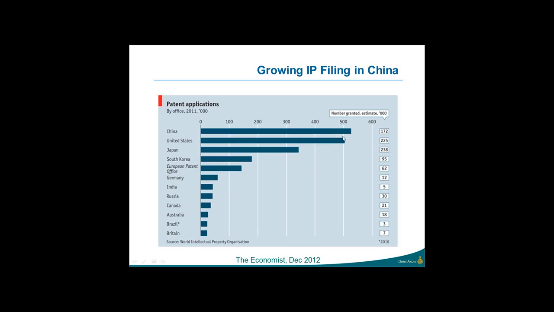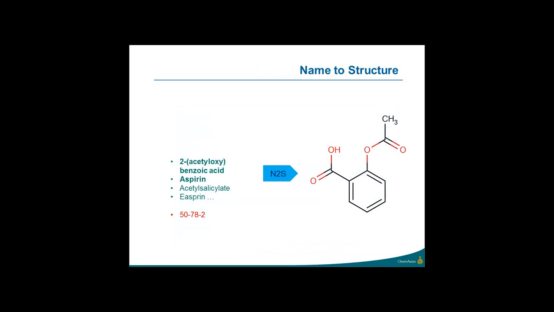As you can see, China is now the number one patent filer. So there is a huge chemical space in the Chinese scientific literature and Chinese patents. So it will be useful to have a tool that is able to extract chemical information from Chinese documents.